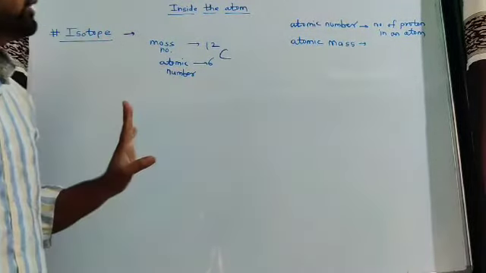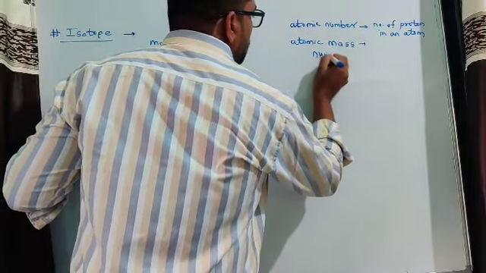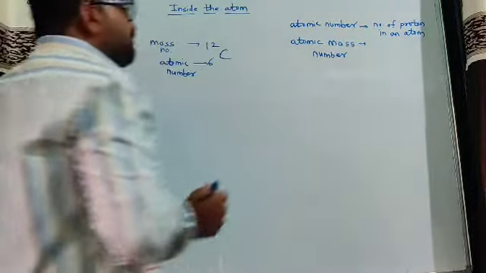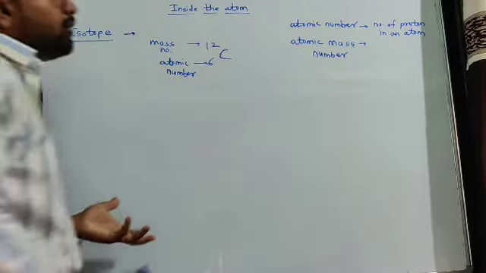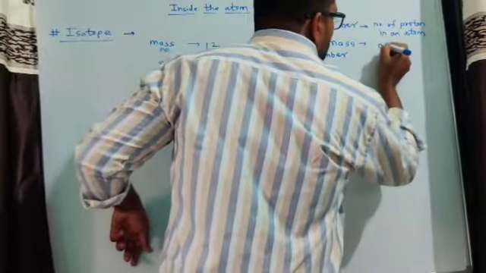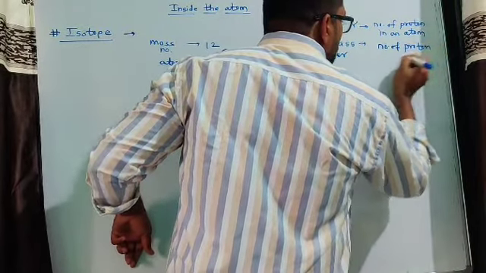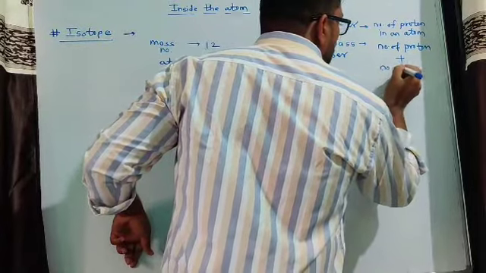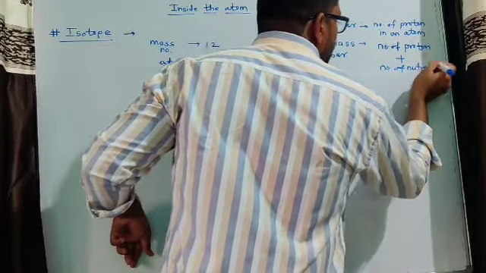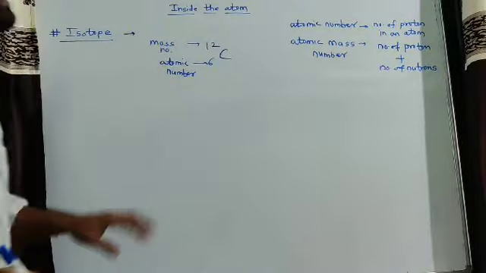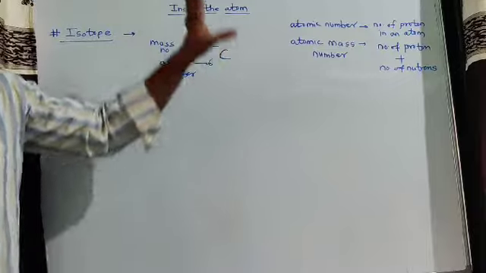Then second, what is the atomic mass number? Atomic mass simply means the number of protons plus the number of neutrons present inside the atom of an element.